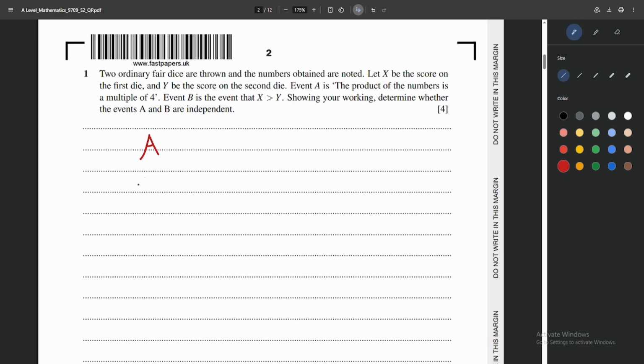Let us draw up the table for event A. Let us write the x and y first. Let this be x, and these are the values of the die, and these are the y values, and the product.